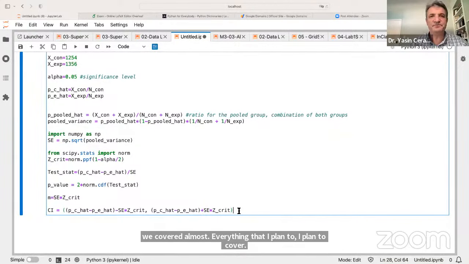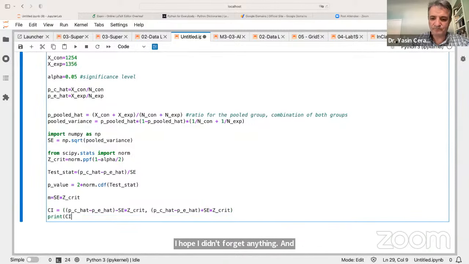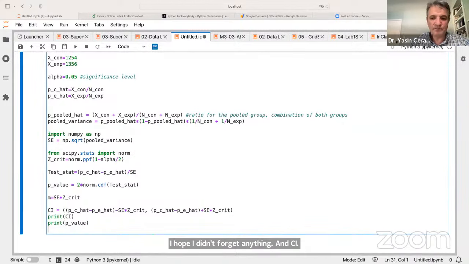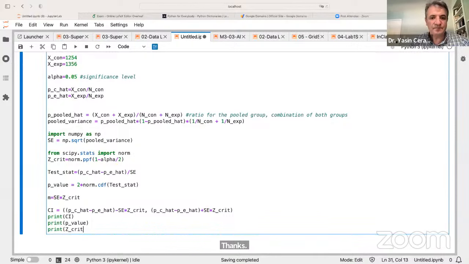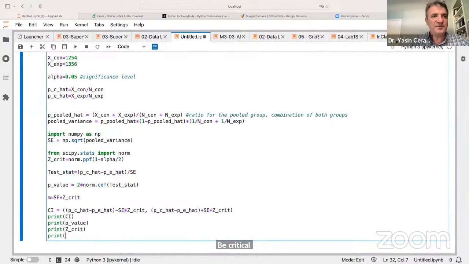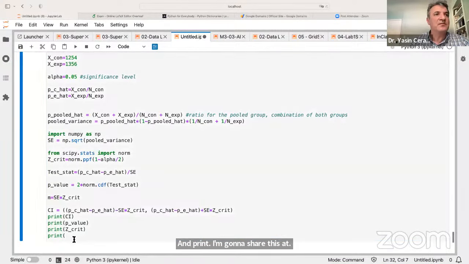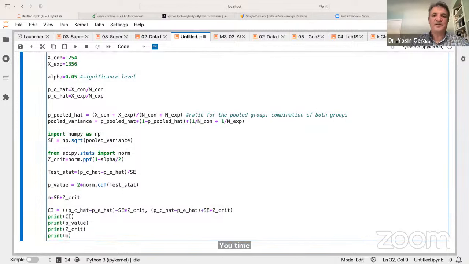Print CI, p-value, Z critical, and print M. I'm going to share this on GitHub.